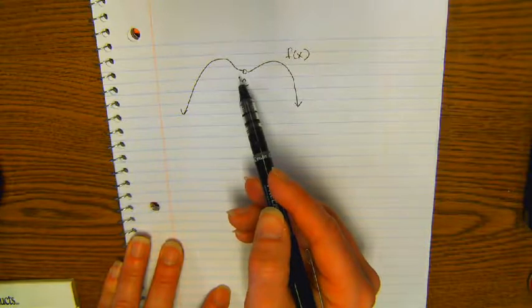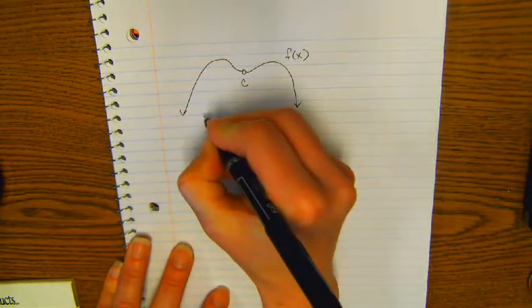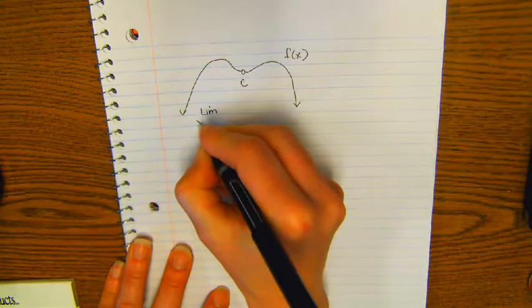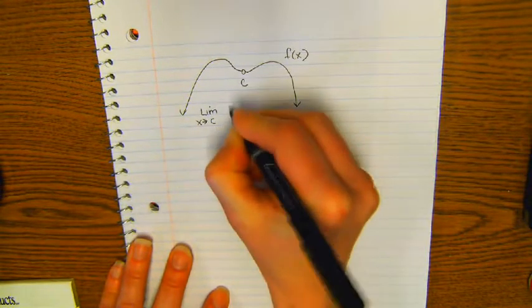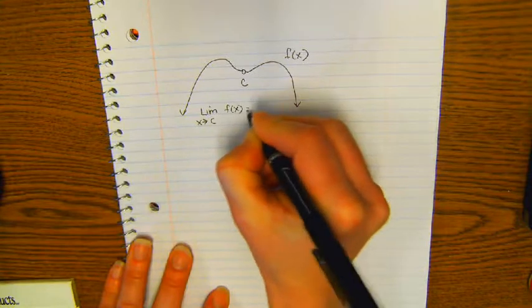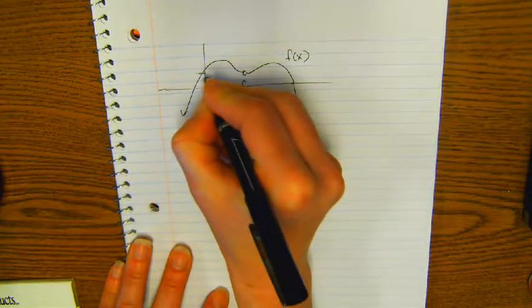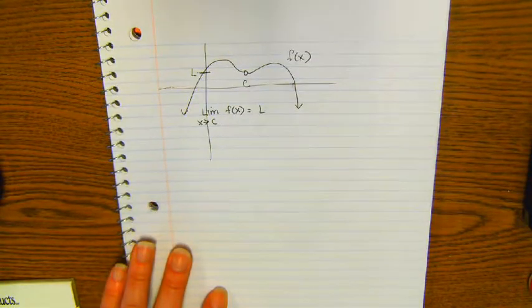Yeah. However, looking at the graph, it still has a limit. We would call its limit L. Let's say that again, we'll just draw a fake xy axis, and I'll call this value L. Okay.